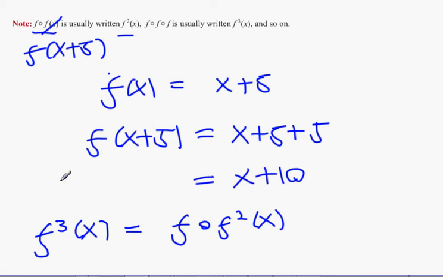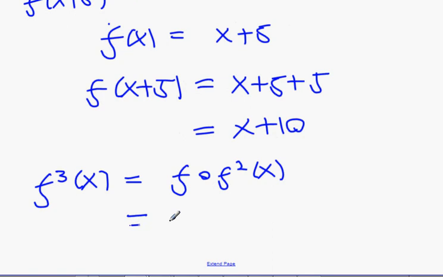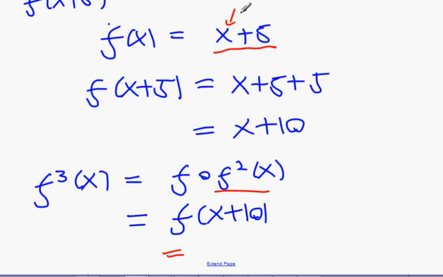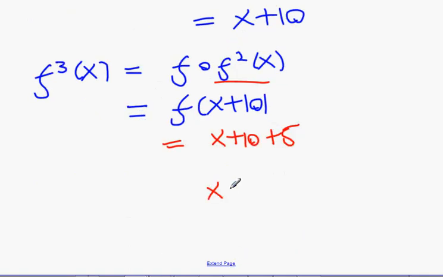So the answer for this one will be f of x plus 10, because we already know what the answer is for f2 of x. Once again, we have to use our original function, replace x with x plus 10. So it's going to be x plus 10 plus 5, and that's going to get us x plus 15.